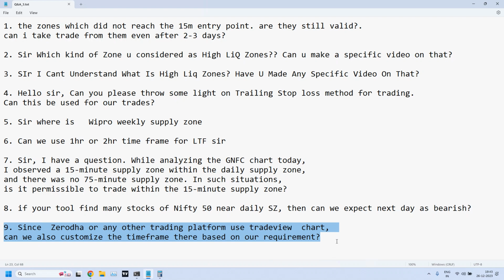Just because of these three time frames, if you can customize them with some other brokers who provide TradingView charts, then don't go for the TradingView paid version. Because they are using TradingView software, the data is the same. I don't think there is any difference in the data.